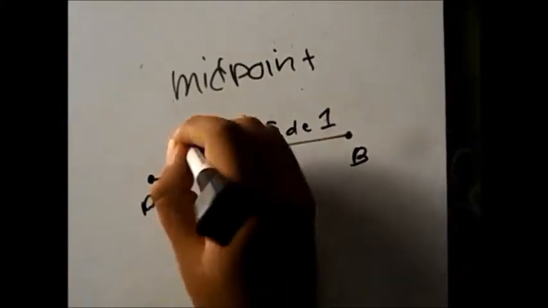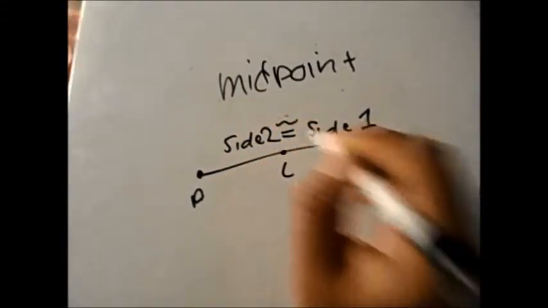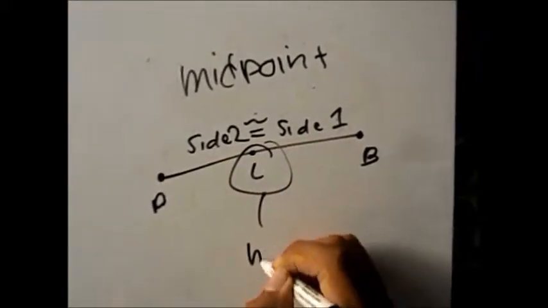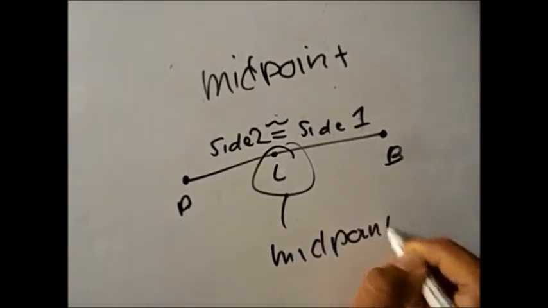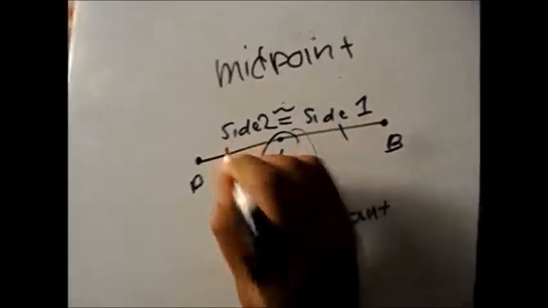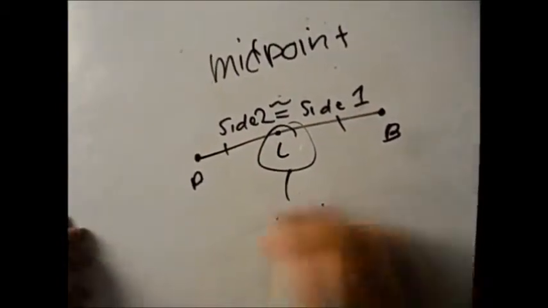Again, naming it alphabetically, each side, for example line segment CB, will be equal to line segment CA, and a midpoint makes them equal because it divides it up evenly.